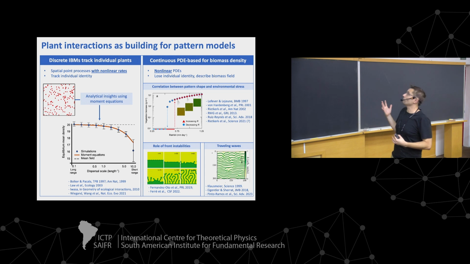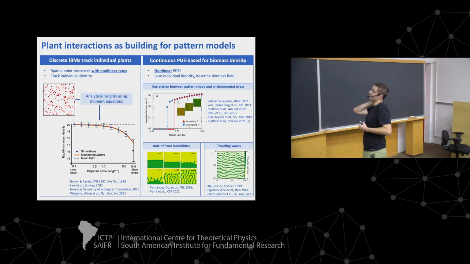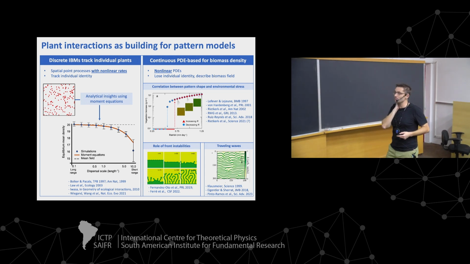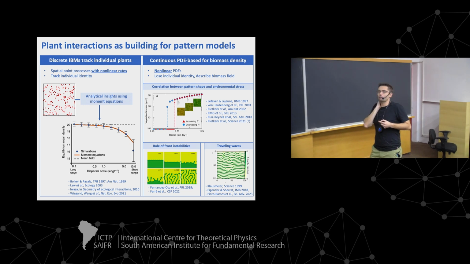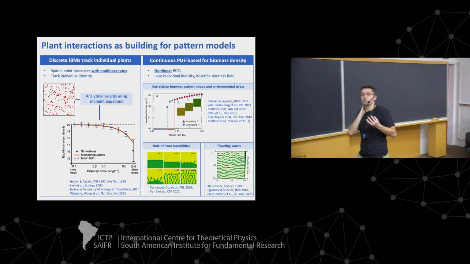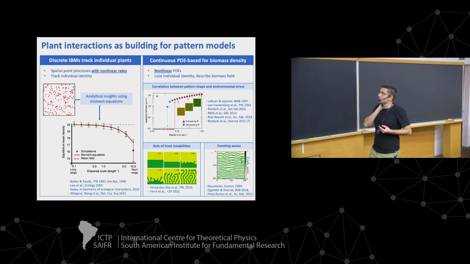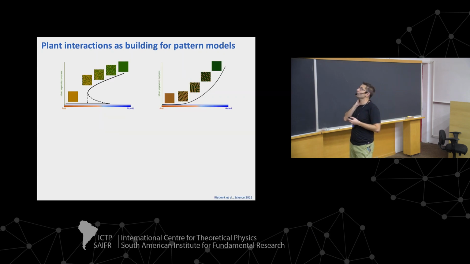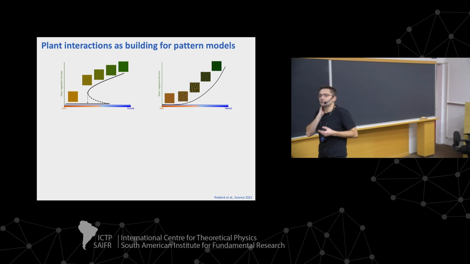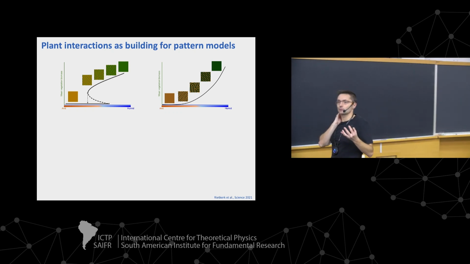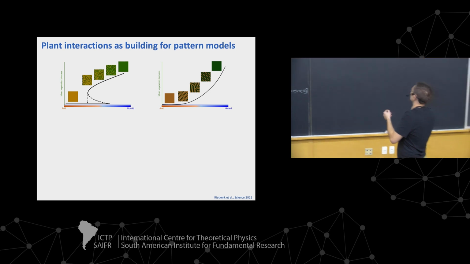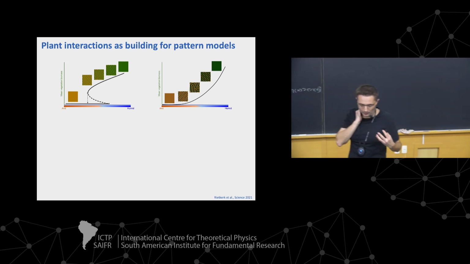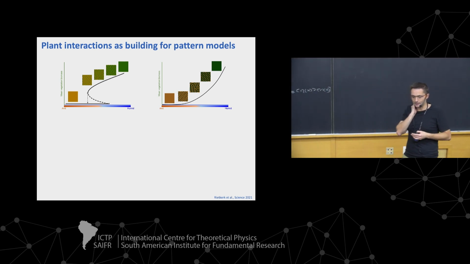So what is the problem that I found with these models when I started my PhD? The problem is that you get this from reaction diffusion equations, water vegetation models, but you can also come up with a completely different model in which you have this same correlation between precipitation and patterns, but the bifurcation is very different. And that depends a lot on the structure of your equations. And this argument that I'm going to build with you is already 10 years old, and has been refined since, and it's more elaborate.